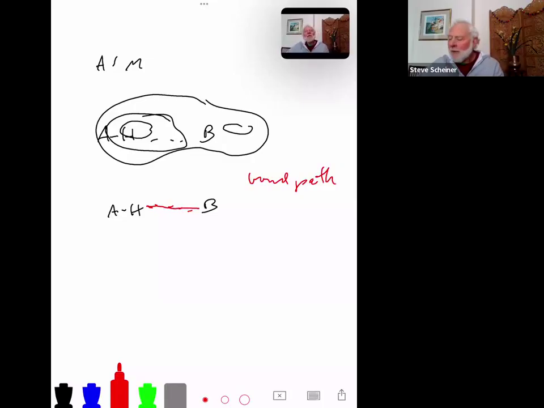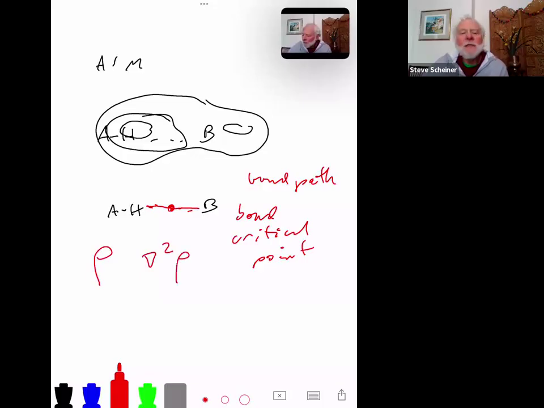There's the bond path, and there's also a point called a bond critical point, which has several aspects. It has the density itself, it has the Laplacian of the density, and there are certain energy densities as well.